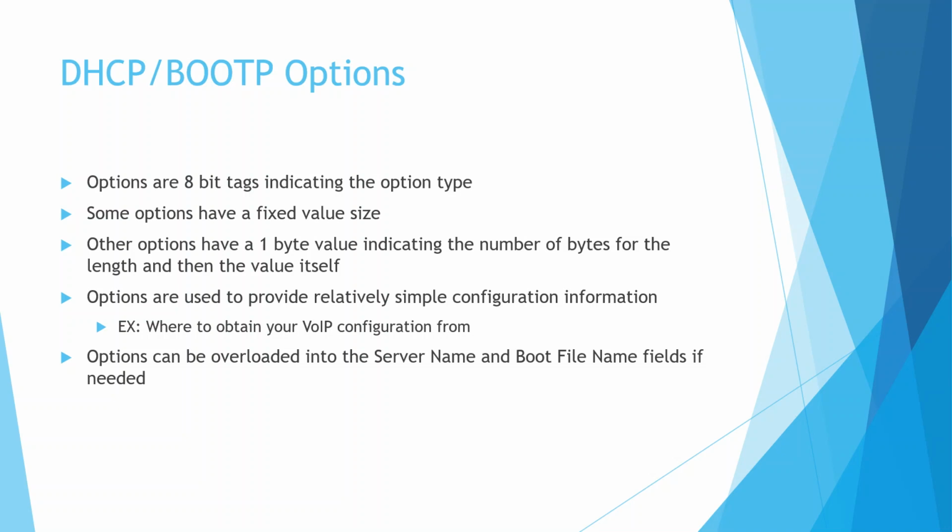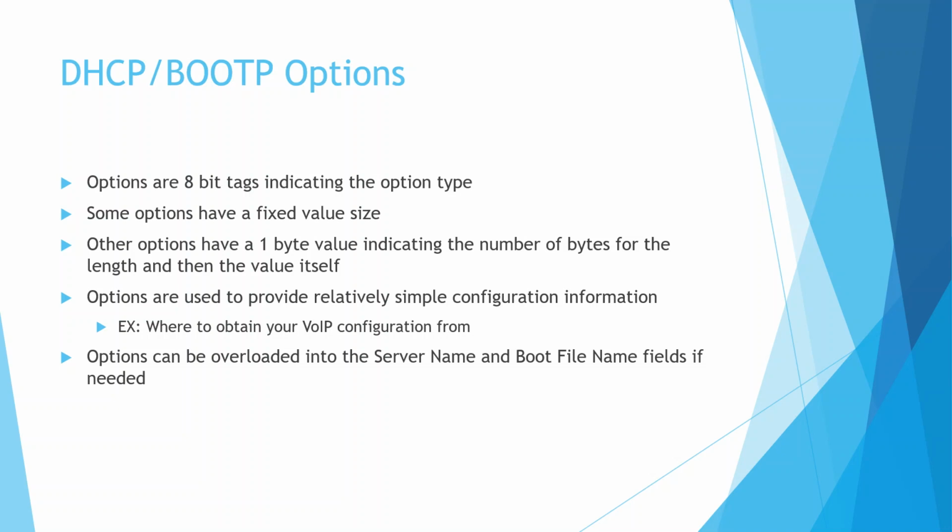So in the DHCP message, we will specify, hey VoIP phone, this is where you go to get your full configuration. It's not necessarily going to provide the configuration itself. That would consume quite a bit of the option space. But we are going to say, hey, this is where you need to go to get that.